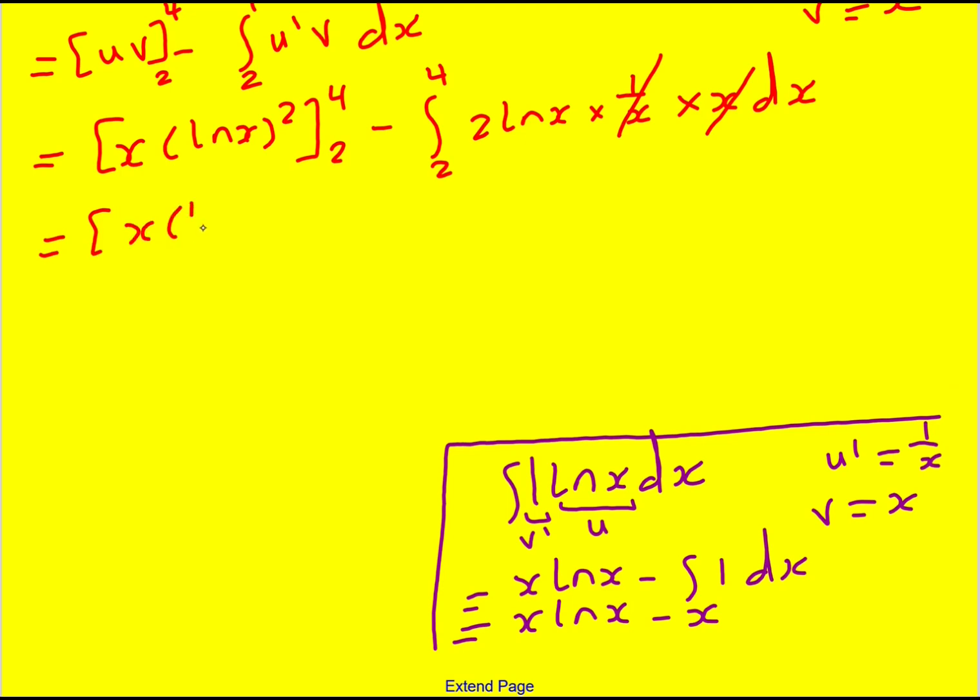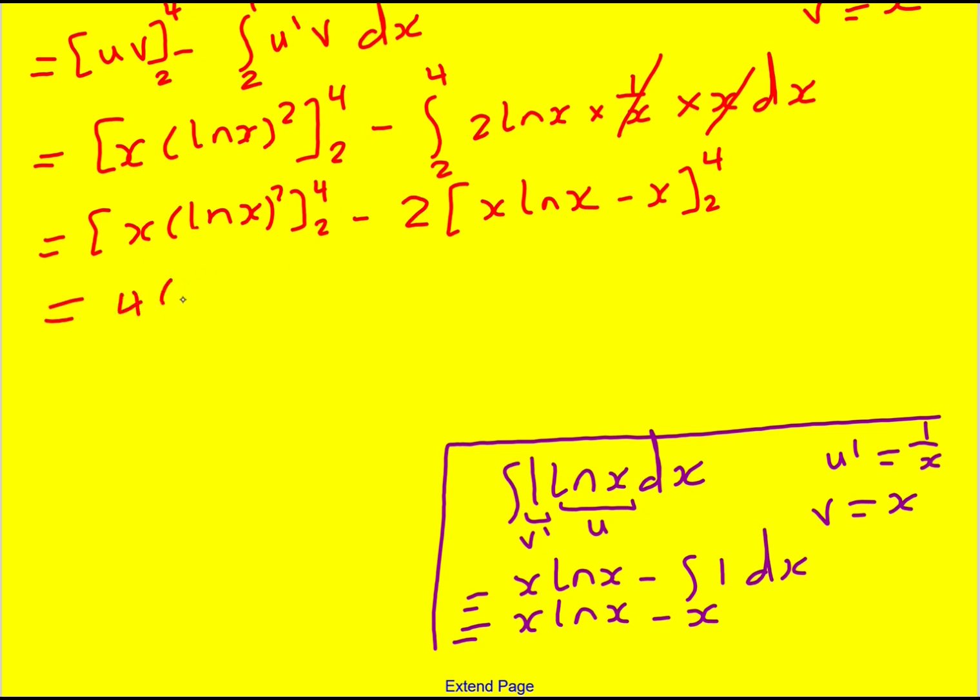So before I put any limits in, let's just tidy it up. So I'm going to have 2 lots, because I ignored the 2 when I did this integral, x ln x minus x, and that is evaluated between 2 and 4. Brilliant. Okay, let's sub in.